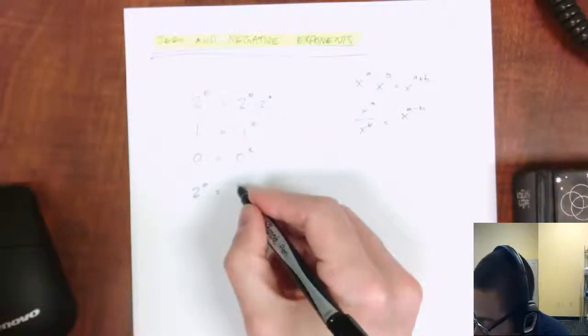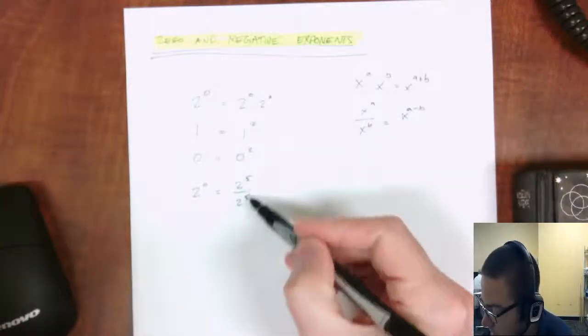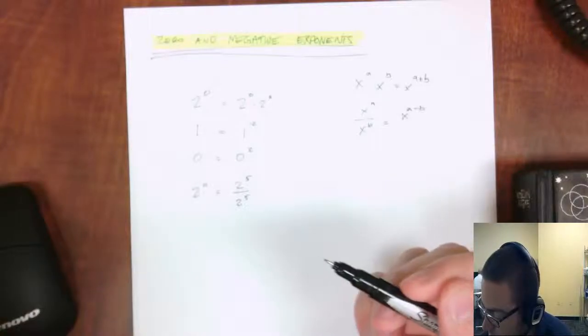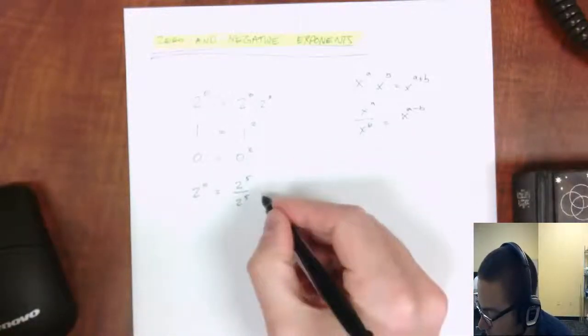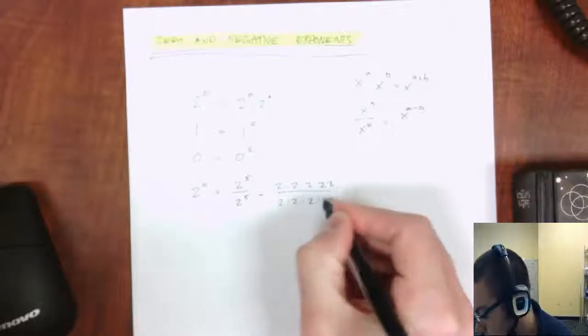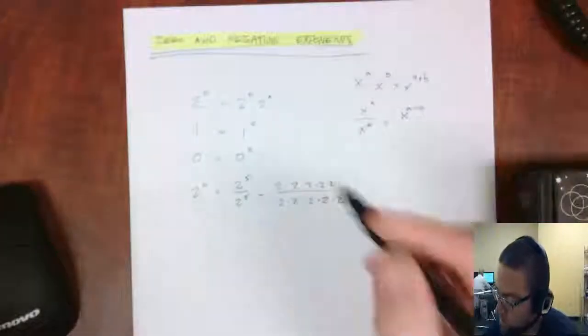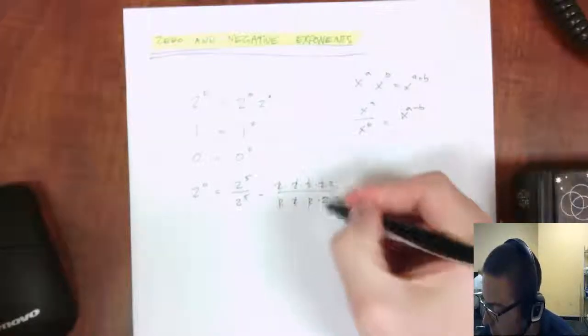We could do 2 to the 5th divided by 2 to the 5th, because since it's subtraction, 5 minus 5 would be 0. So this would have to be true. But isn't this also equal to 2 times 2 times 2 times 2 times 2 over 2 times 2 times 2 times 2 times 2, which is 2 divided by 2 is 1, 1, 1, 1, and 1.